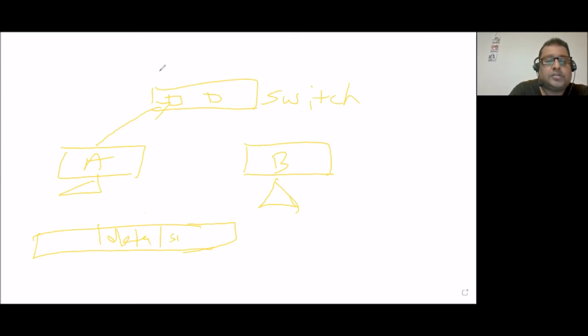The data has a source MAC address, protocols, and the destination as well.